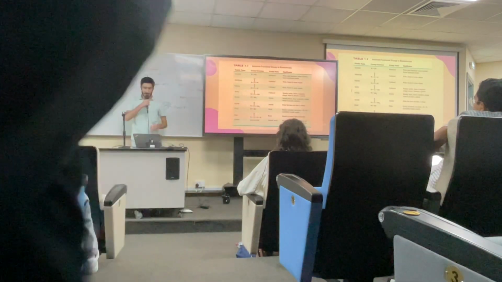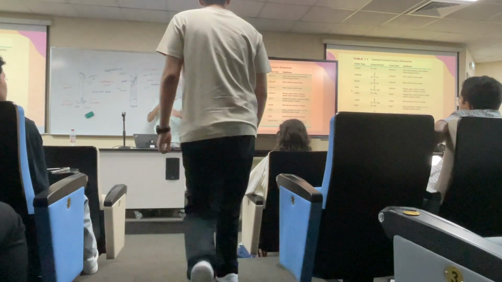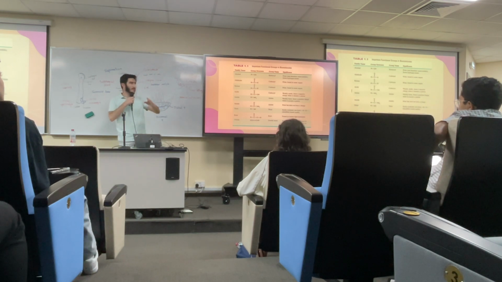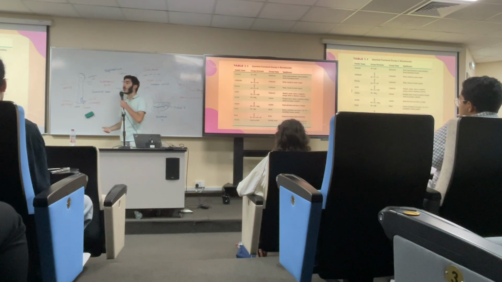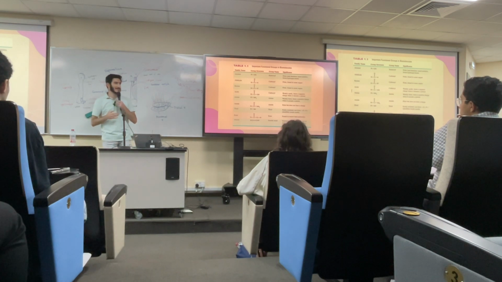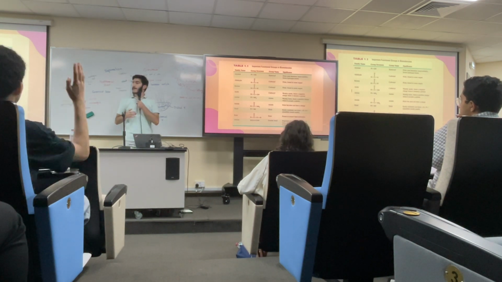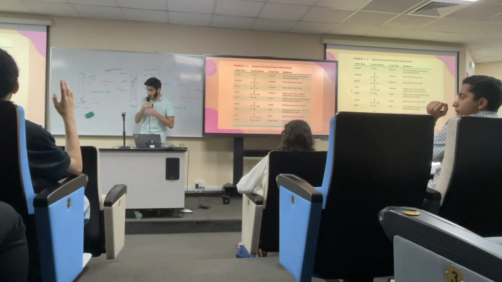Okay, next question. Just before we go to the next question, these are the functional groups. I'm not going to go over all of them, just the main points. What makes functional groups polar? Who knows? That's true, yes.